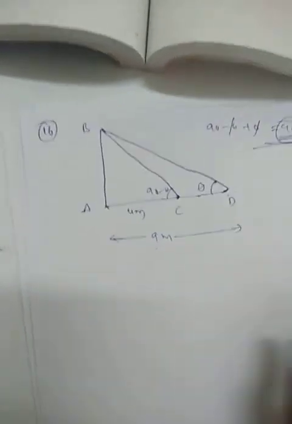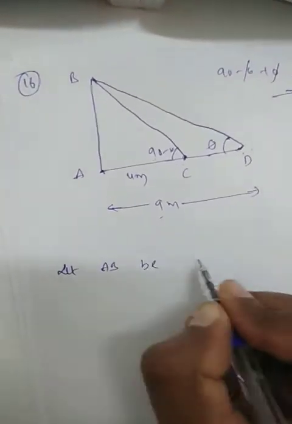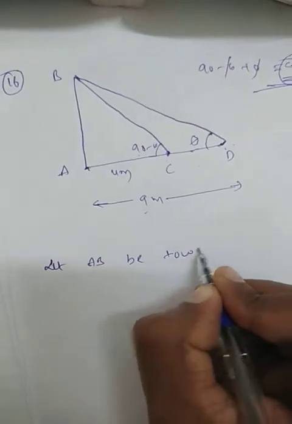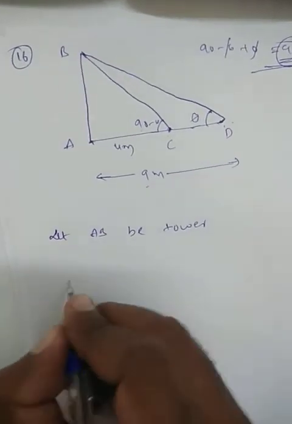So first I will write the data. Let AB be the tower.